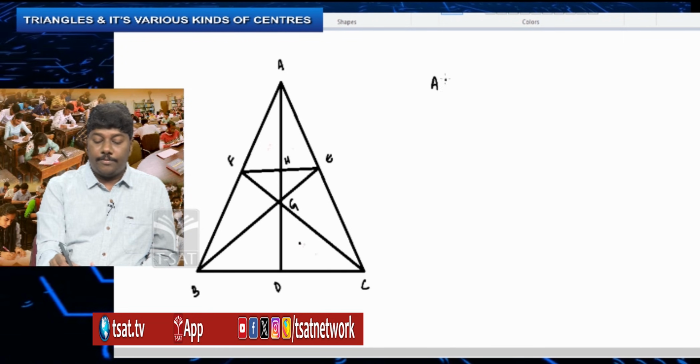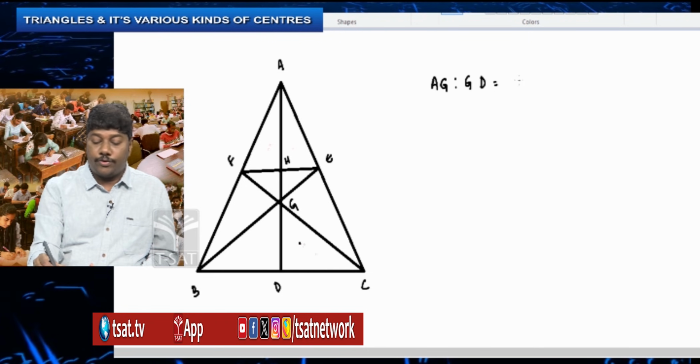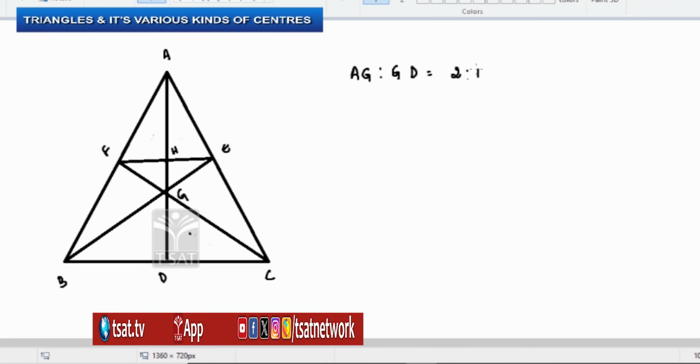We know AG:GD is 2:1, and we also know AH:HD is 1:1, because EF is the line joining the midpoints. AF:BF is 1:1. In a similar fashion, AE:EC is also 1:1. Therefore, AH:HD is also 1:1.